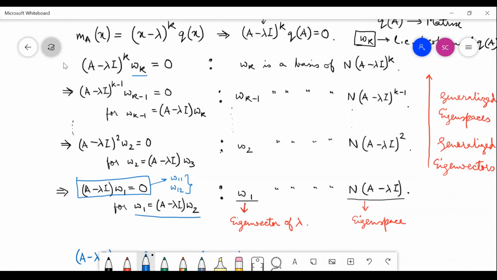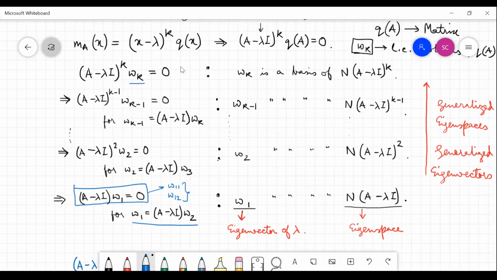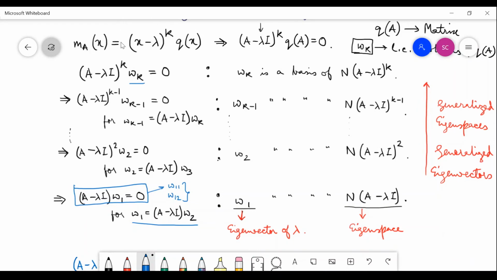If you multiply omega k with A minus lambda I, you are multiplying a 0 with A minus lambda I, then nothing is actually going to change. You are getting the same vector omega k again and again. So that means the largest possible Jordan block is of size k, which is given by the degree of x minus lambda in the minimal polynomial.